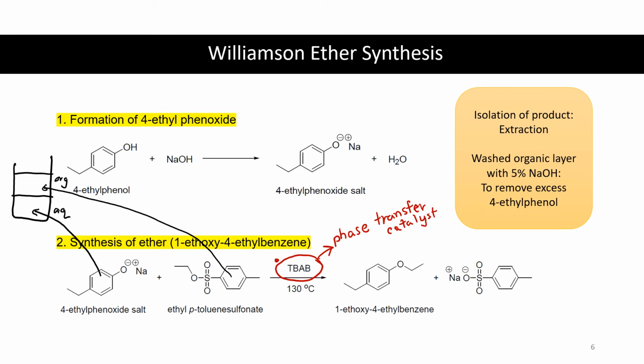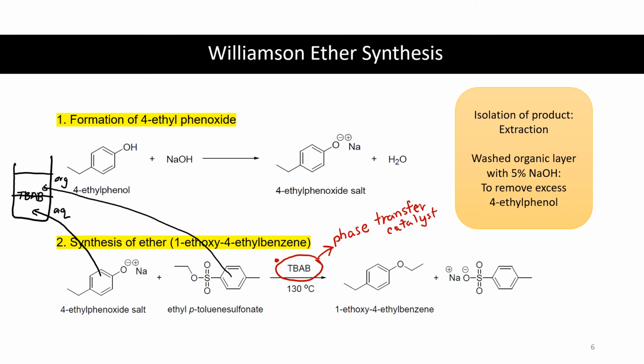And to bring them into contact, we use TBAB, which would be on the interface because it had both polar groups as well as non-polar groups. So it will attract these reagents to the interface and then they can react. So that was its purpose.